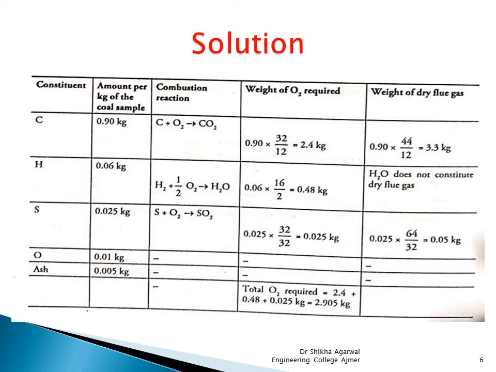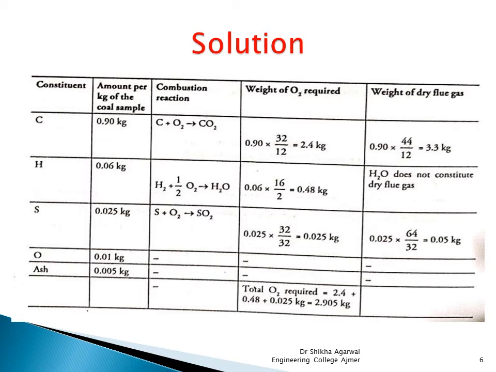So when 12 grams of carbon is burnt, you get 44 grams of carbon dioxide. You just see the combustion reaction. So when 0.90 is burnt, you will get how much carbon dioxide? 0.90 into 44 by 12, that is 3.3 kg. Now we have to find out the composition of dry flue gas. So water does not constitute the dry flue gas, so we do not calculate it.